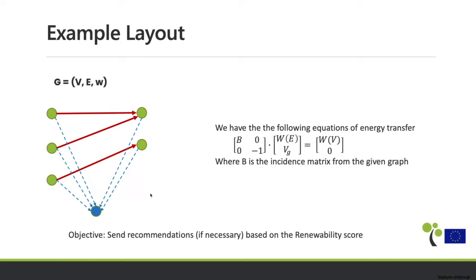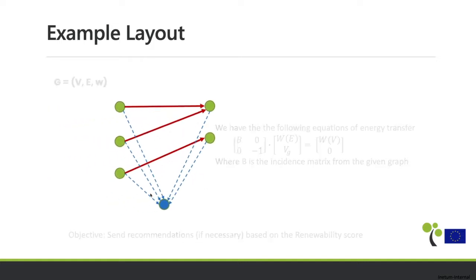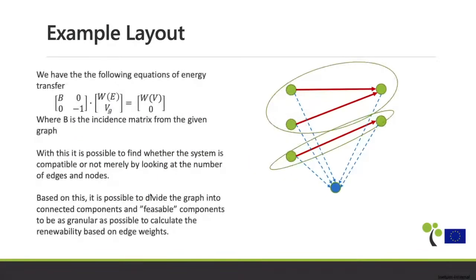Now, you may all be thinking the same thing that I was thinking when I started working with this, which was that whether it's feasible or not to solve that system of equations is going to come down to the number of edges and the number of nodes within the graph.